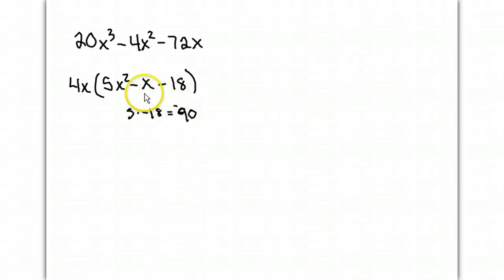If they add to give us negative 1, then those two numbers are very, very close to each other. So what are the different ways you can get 90? Well, they're only one apart, so I know that 10 times 9 is 90. And since the negative number is in the middle, that means my 10 is negative and my 9 is positive. So the way I break it up is 5x squared minus 10x plus 9x minus 18.